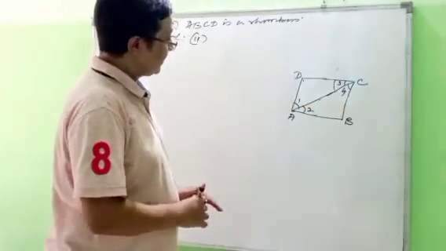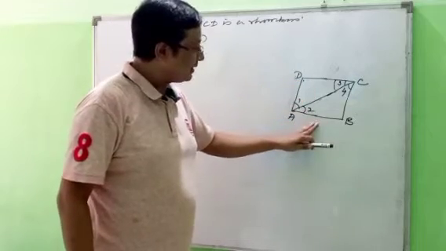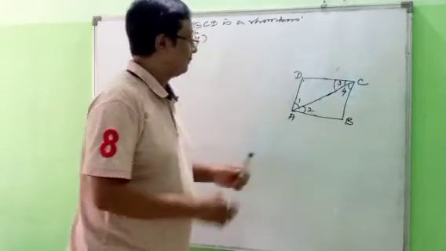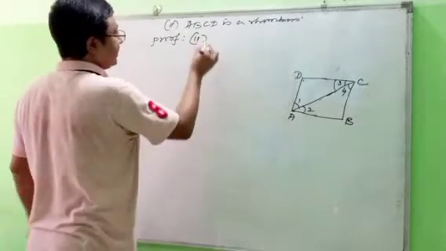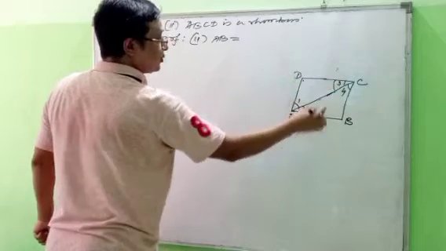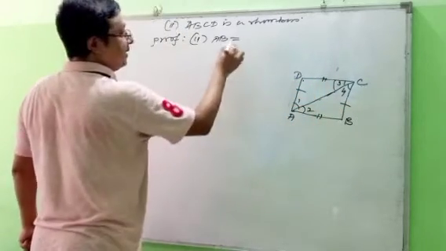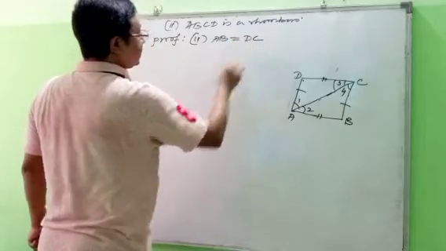So now let us see. Already the given figure is a parallelogram, that means the opposite pairs of sides are equal. So here you can take that AB equals DC, so these two opposite sides are equal.